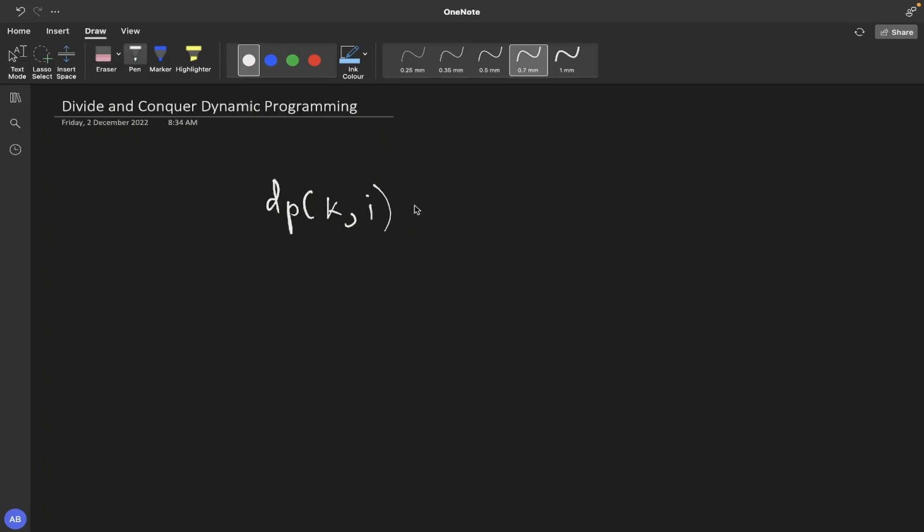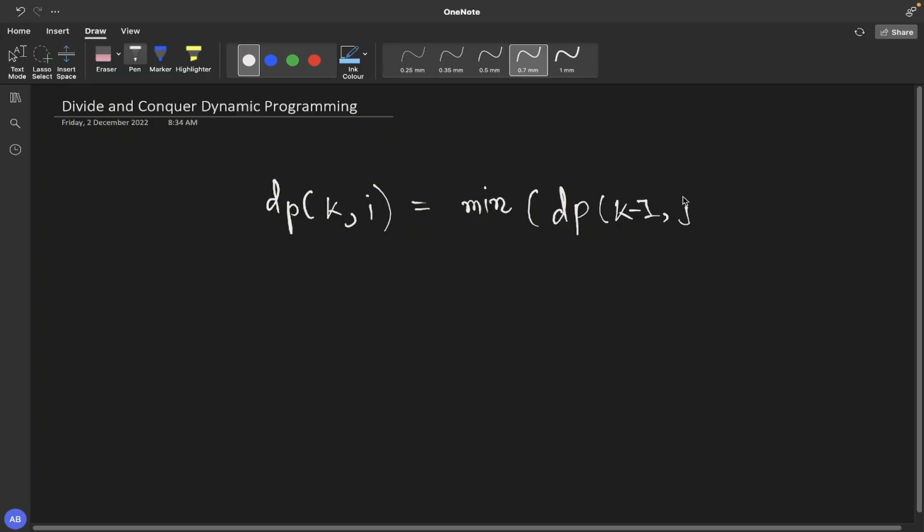So this will be equal to the minimum of dp of k minus 1, j minus 1 plus c of j to i, and j is less than or equal to i.